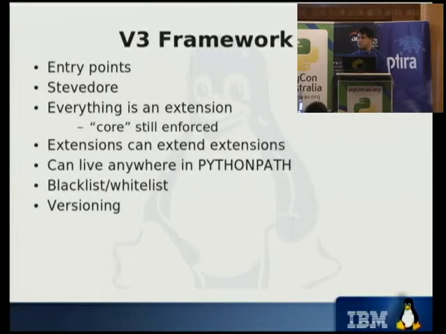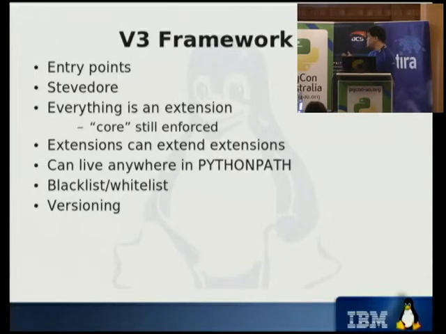Basically, an extension can do anything a core part of the API can do. Using Stevedore, you can have extension points in extensions, so you can build extensions on extensions, which you may need to in some cases. And there are examples now where, for example, creating servers is an extension, and that allows other extensions to build upon that.